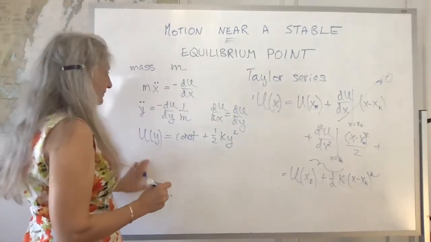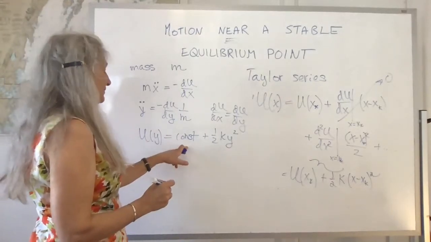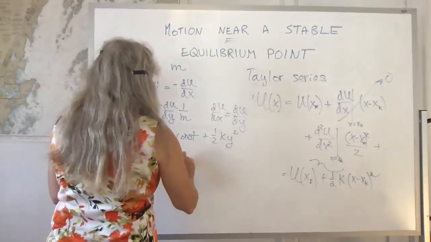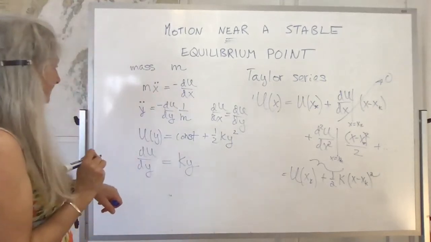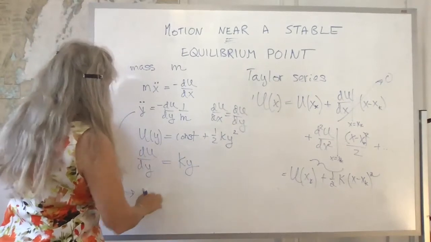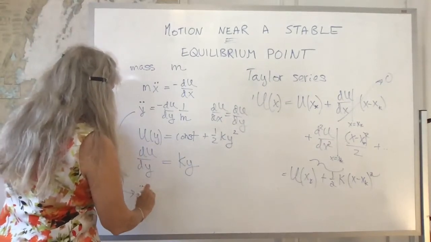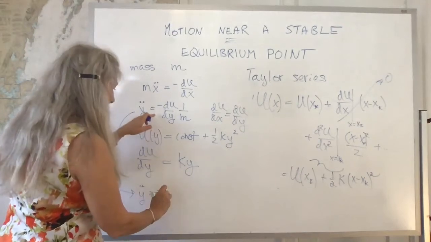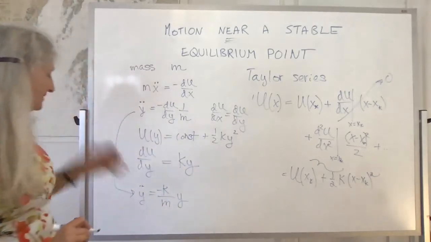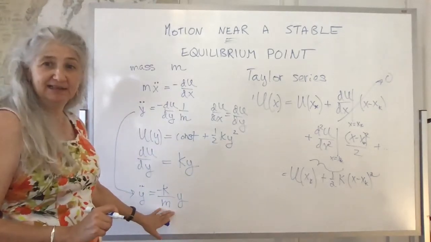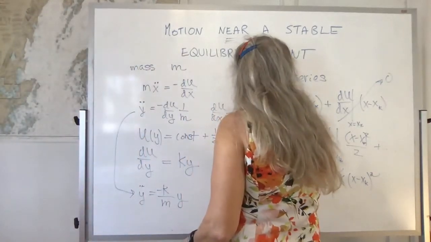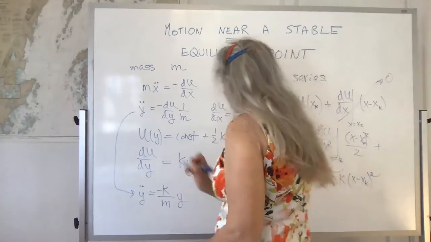And when I take the derivative of U with respect to y, the constant goes away. dU/dy is equal to k y. And then this equation becomes y double dot is equal to minus k over m y. And you should be able to recognize that as the equation of motion for a harmonic oscillator with frequency square root of k over m, like that.